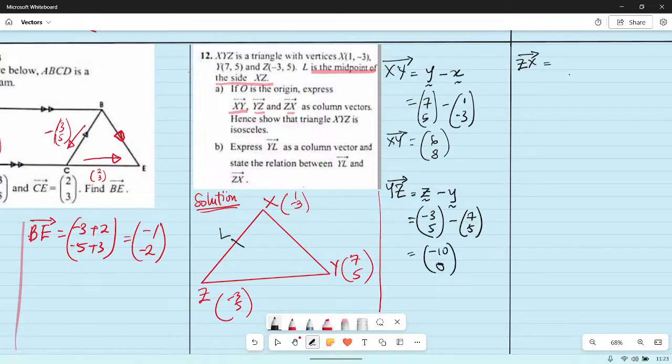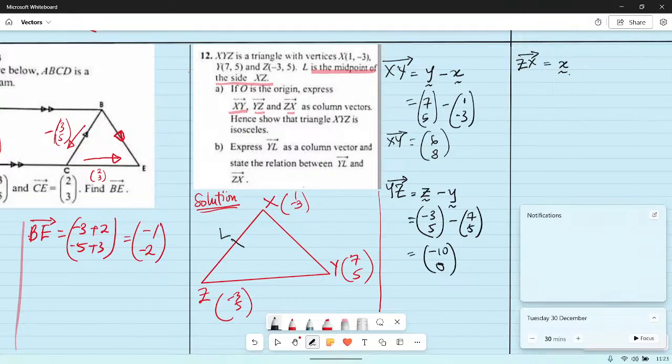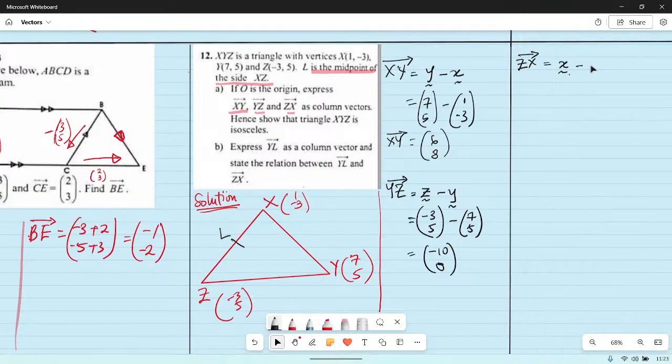We say position vector X or small letter.